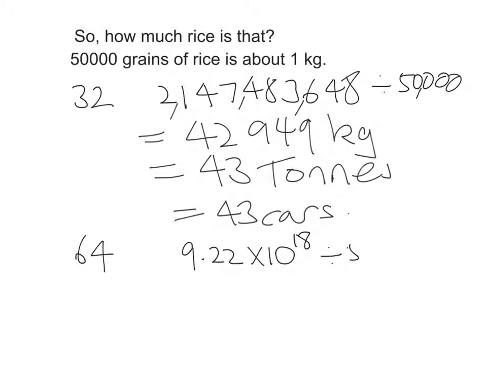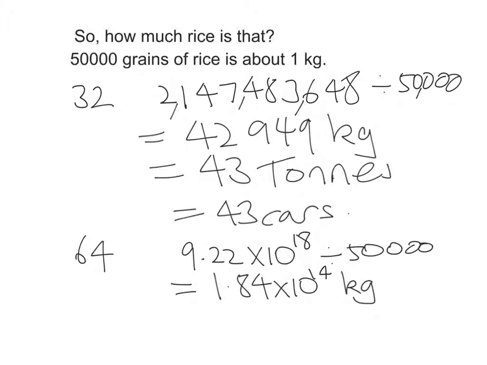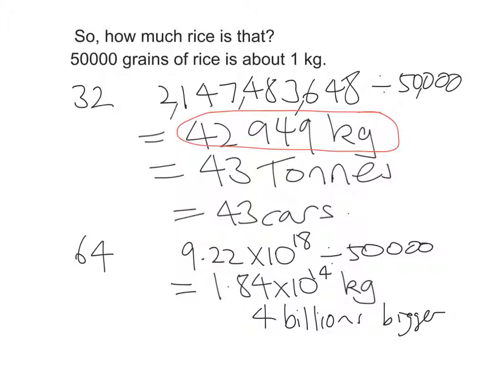Again, let's divide that by 50,000 and we get 1.84 by 10 to the 14 kilograms. Again, this is a really big number and it's hard to fathom what it means, but it's actually 4 billion times bigger than the number that we had up here for the kilograms on the 32nd square.